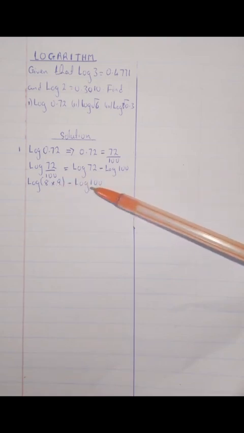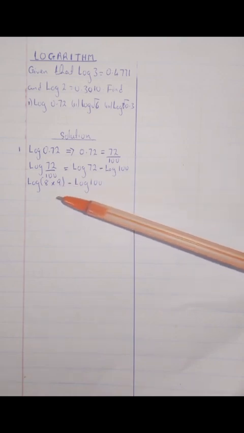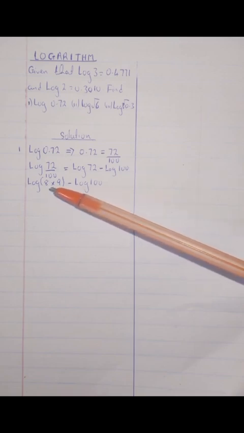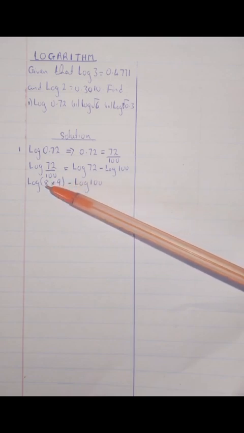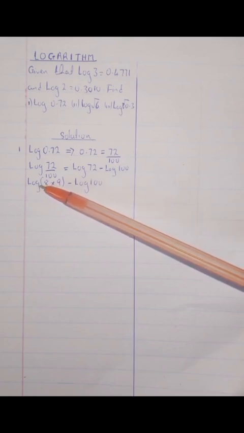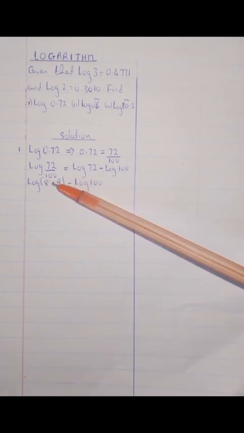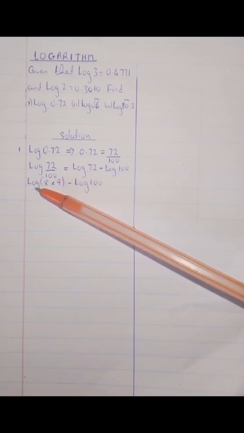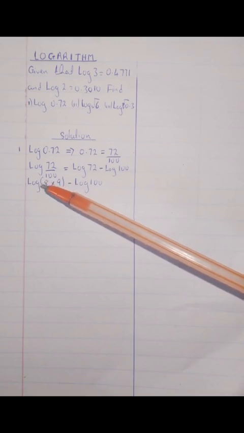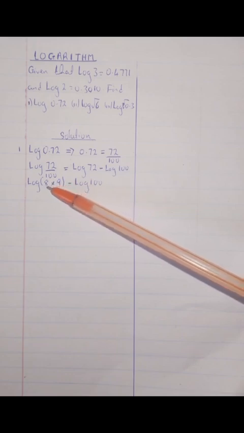Then what is the next thing to do? Recall in the addition law of logarithm in the last video, for us to have 8 times 9, it means that there is an addition law. There are two same bases that are adding. If the bases are the same and we are adding, we multiply the numbers. That is what we said in the addition law.